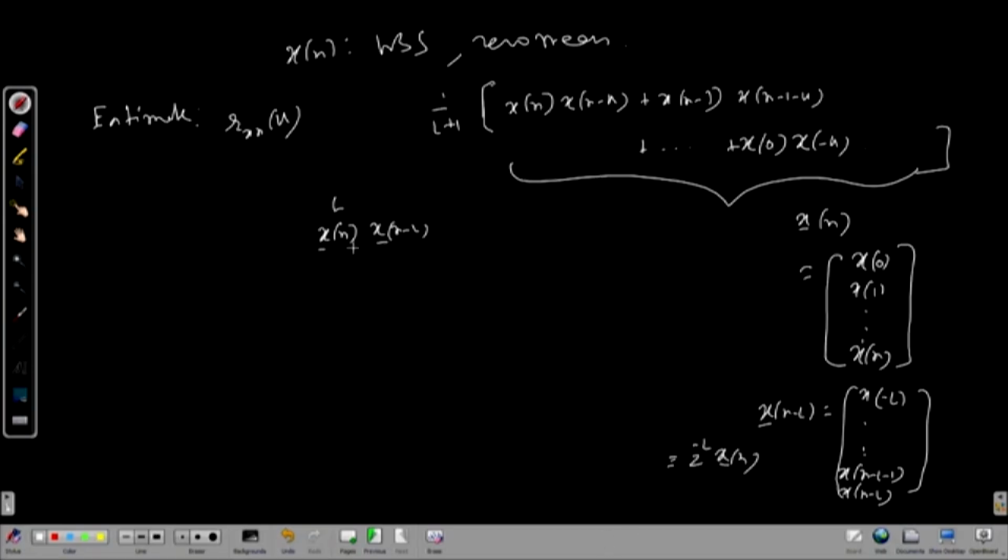And this summation is nothing but x(n) transpose x(n-L). You just take a transpose of this. Okay, I have taken it to be k. So it is not L, it is k, just a change of notation. It should be k.